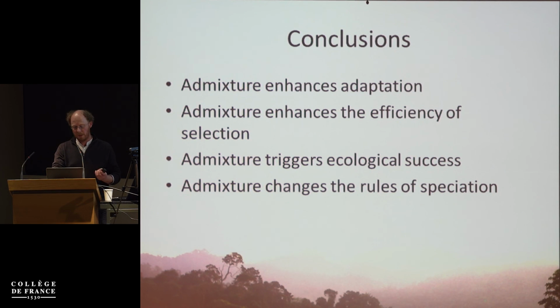And so we could probably see it as triggering ecological success in the species, and by fostering the evolution of a very new mating system, it sort of opposes speciation, contrary to other species where wing pattern evolution is actually favoring speciation.